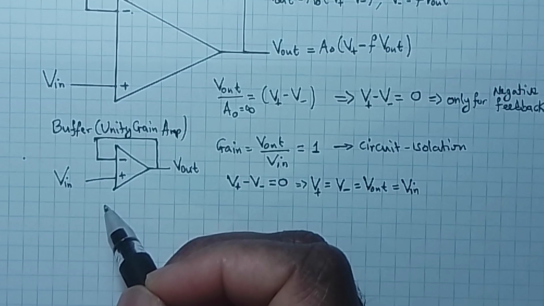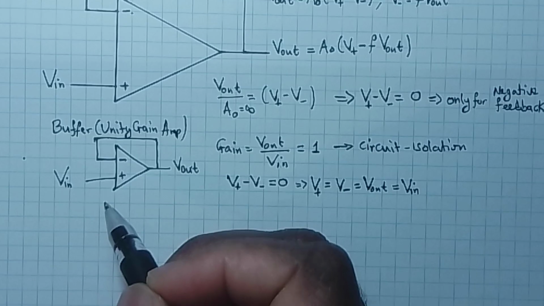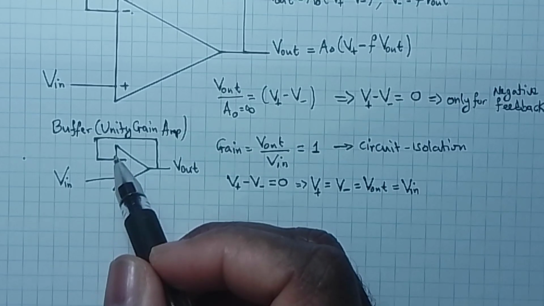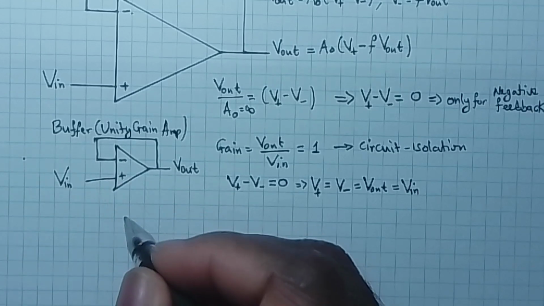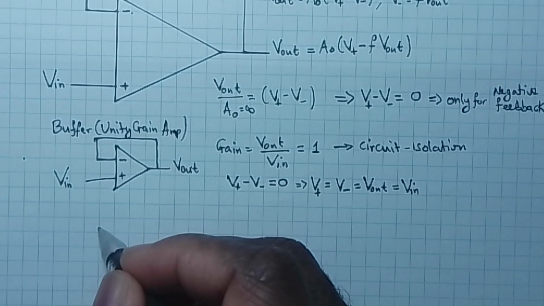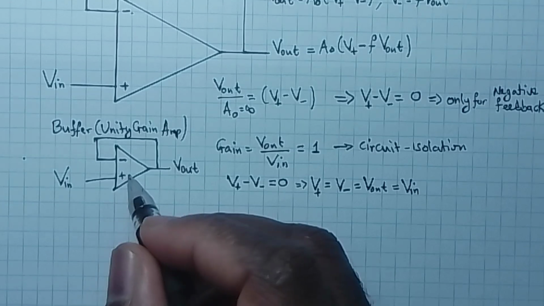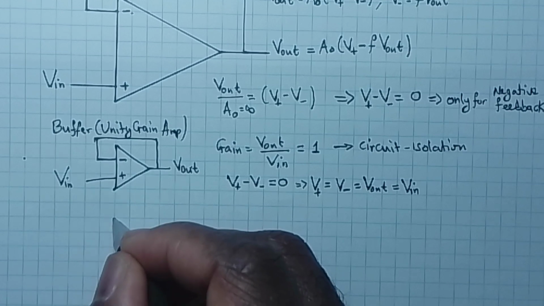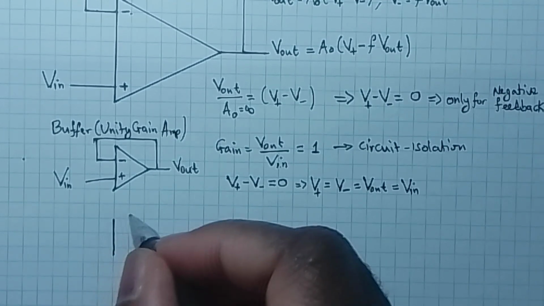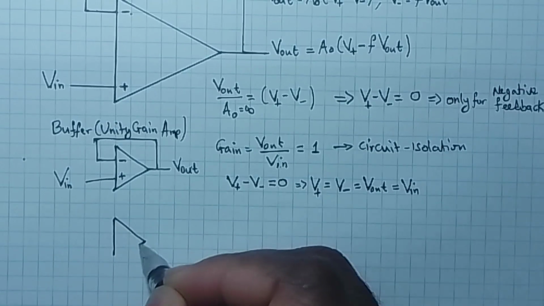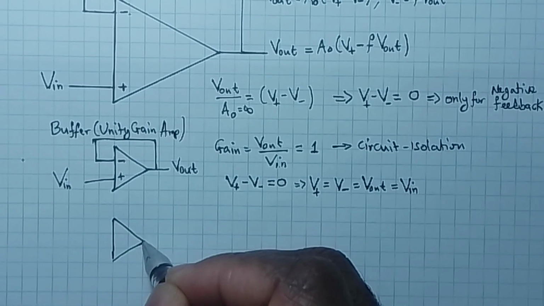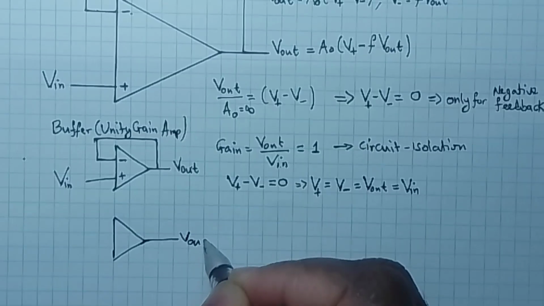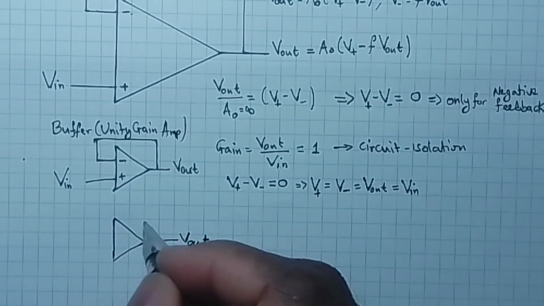The feedback resistor, in this case, should be equal to the source resistor. So for a rare op amp, we should have something like this.